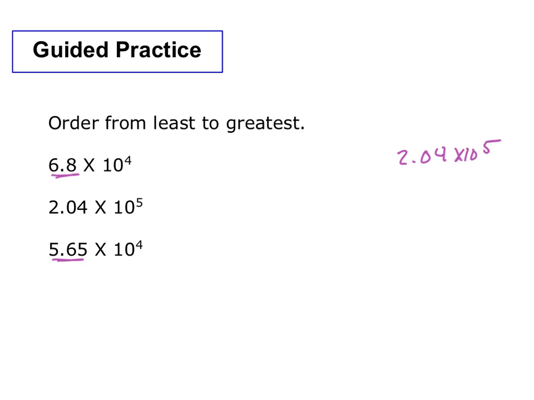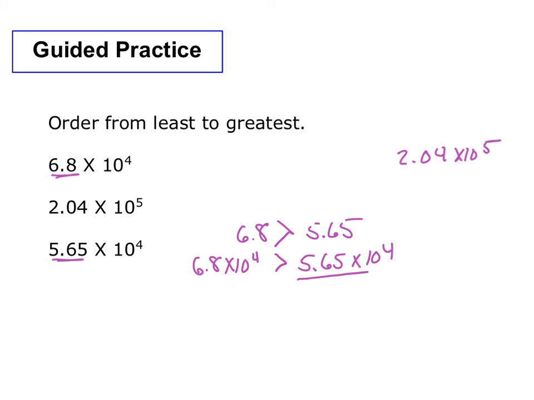We're going to compare 6.8 to 5.65. And 6.8 is greater than 5.65. So 6.8 times 10 to the 4th is greater than 5.65 times 10 to the 4th. So the smallest number is 5.65 times 10 to the power of 4. And then comes 6.8 times 10 to the power of 4, and we already decided that 2.04 times 10 to the power of 5 was the largest.